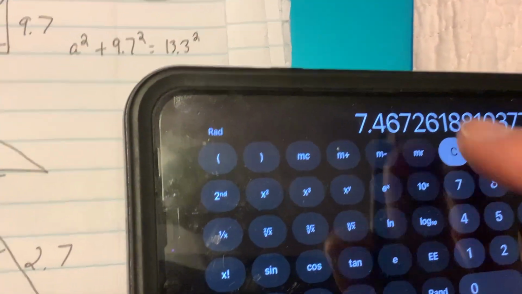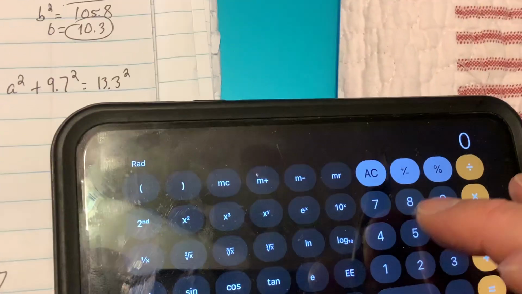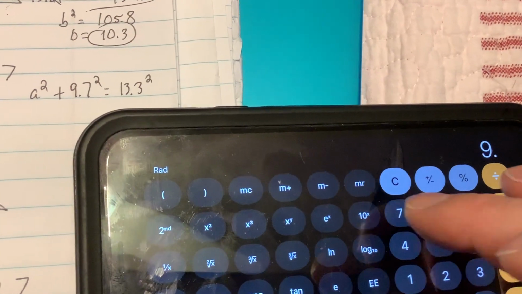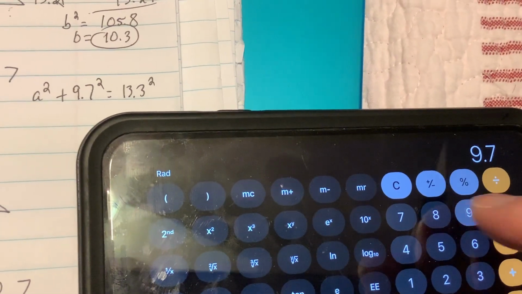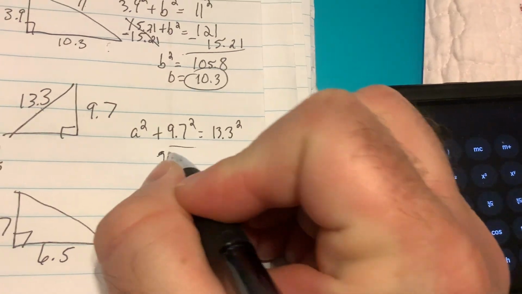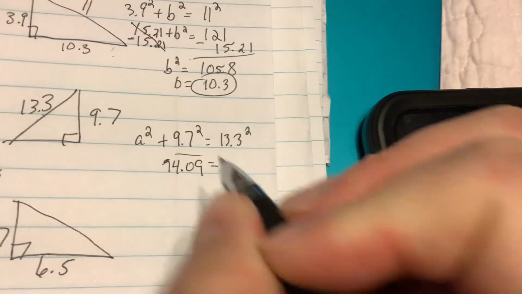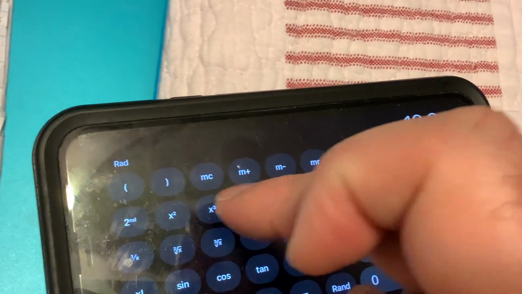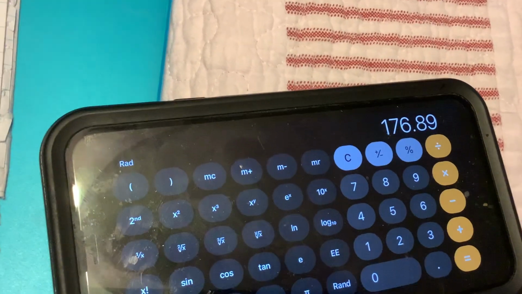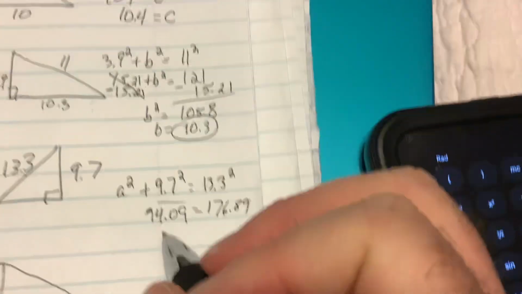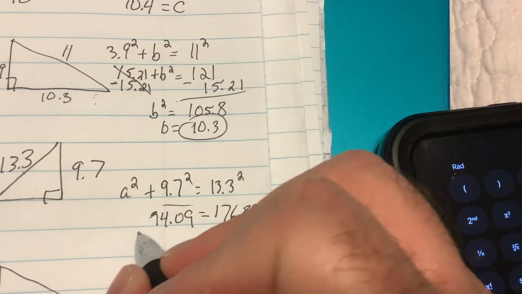Okay, so 9.7 squared is 94.09. And 13.3 squared is 176.89. Okay, and we need to subtract these.